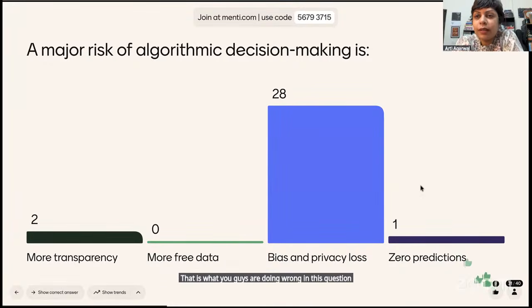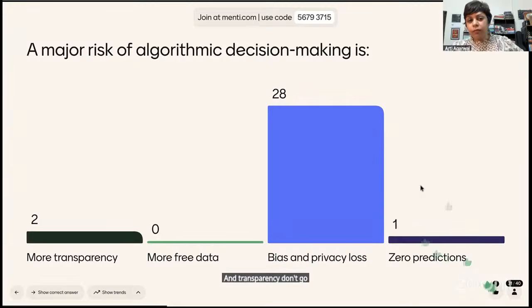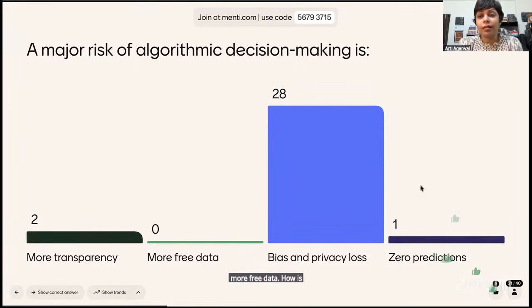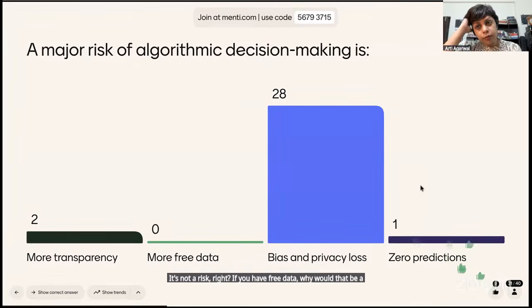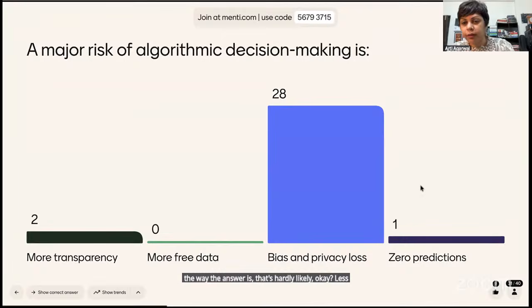How can more transparency be a risk? The word risk and transparency don't go together. So the first option cannot be correct. More free data. How is free data a risk? It's not a risk, right? If you have free data, why would that be a risk? Or it can be maybe, but the way the answer is written, that's hardly likely. Okay, less probability that more free data is correct.